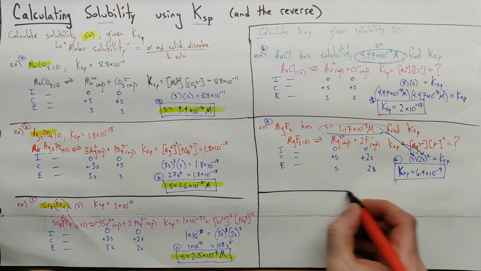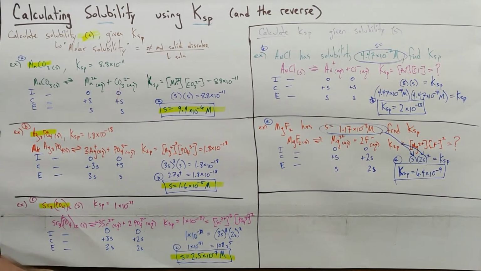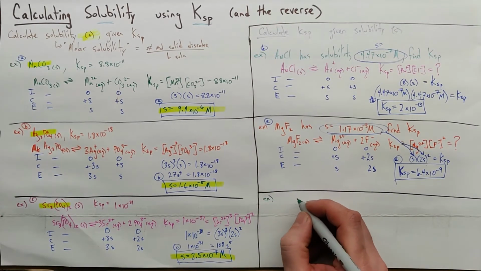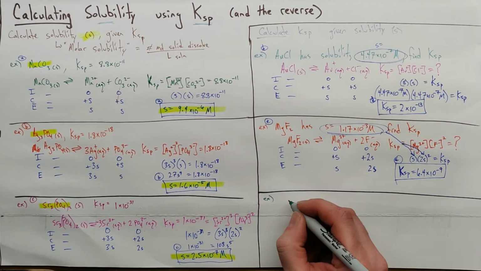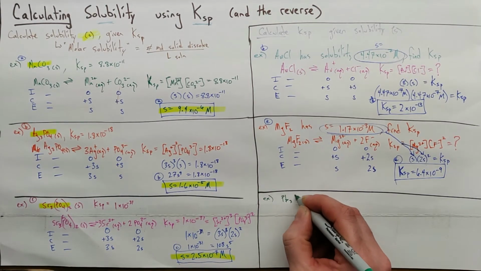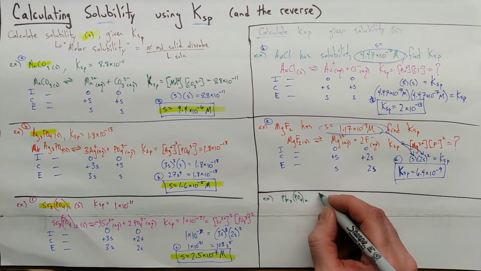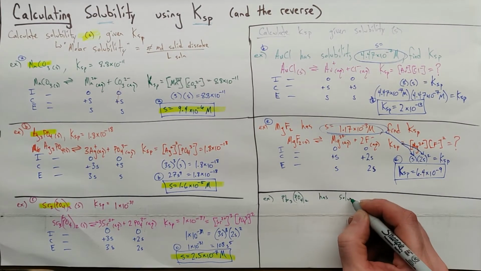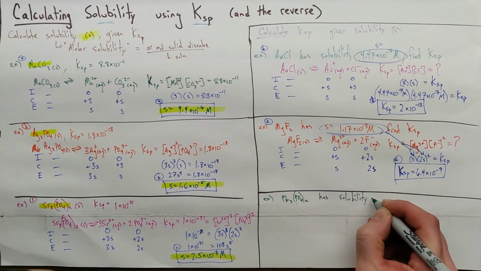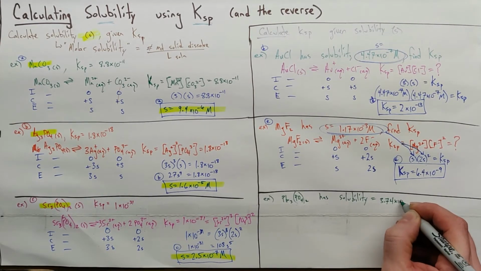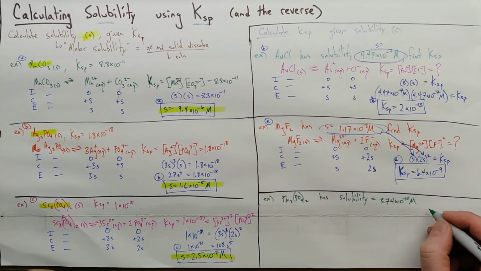And we'll be all set for generic find solubility and generic find K using the solubility. We'll set up maybe lead phosphate, Pb3(PO4)2, lead 2 phosphate, has solubility 3.74 times 10 to the minus 10th molar.